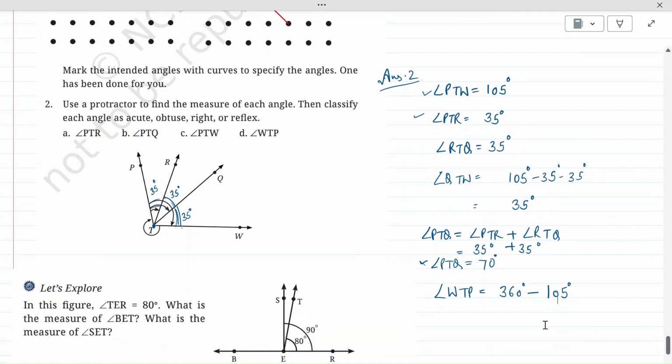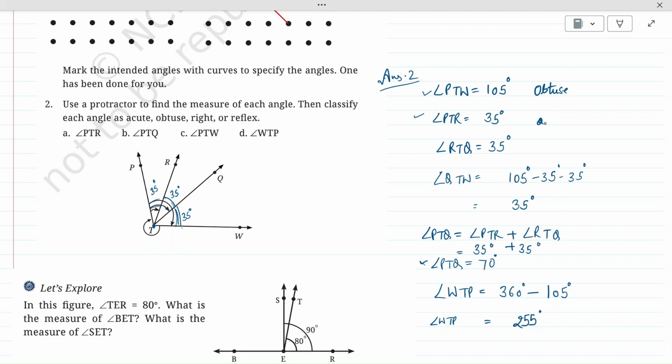Okay. This subtraction: this will become 5, this will become 5, and this will become 2. So angle WTP will be 255 degrees. Now we have to see which angle is what. 105 clearly means it is an obtuse angle.